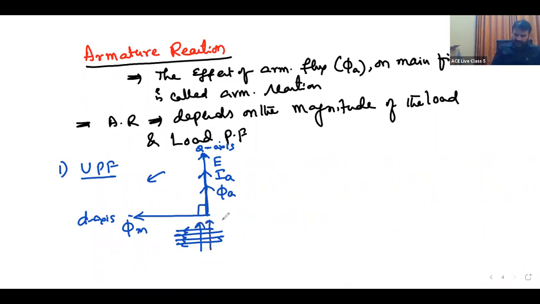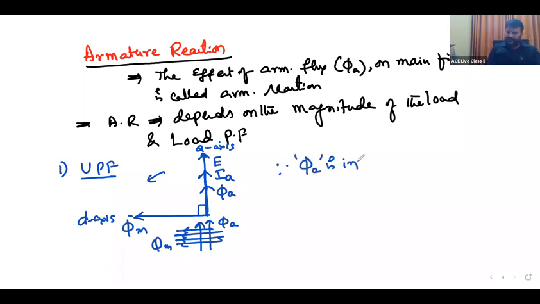Armature flux is exactly perpendicular. The perpendicular flux distorts the air gap flux. The distortion is called cross magnetization, since phi A is in quadrature with phi M.